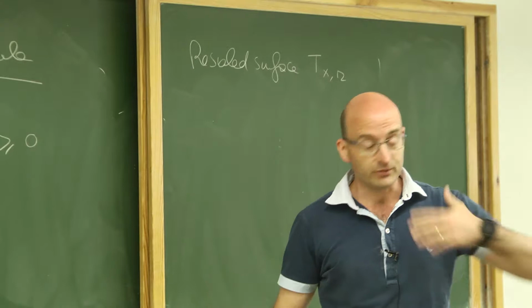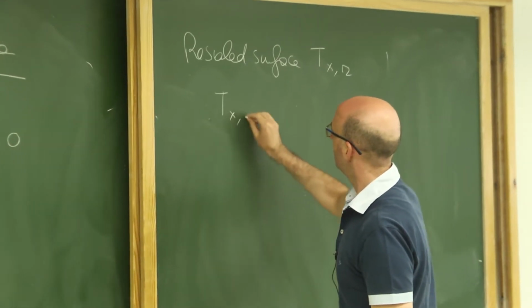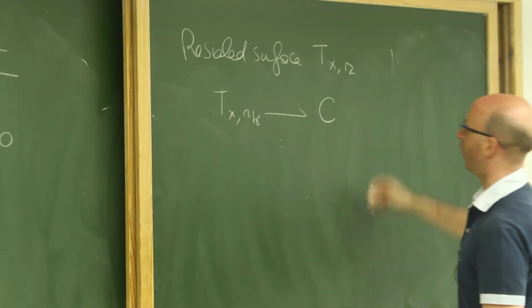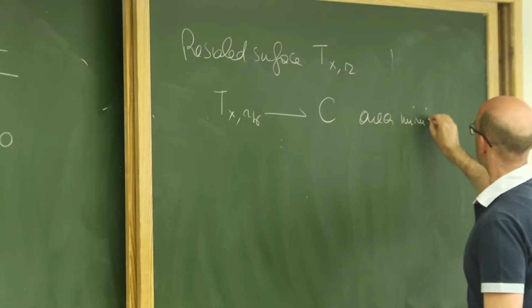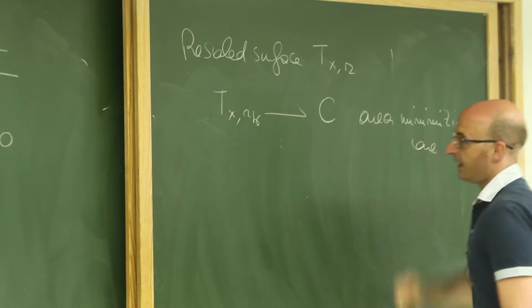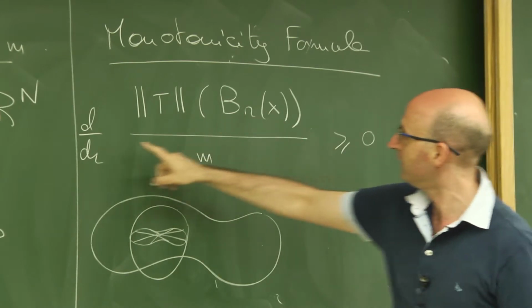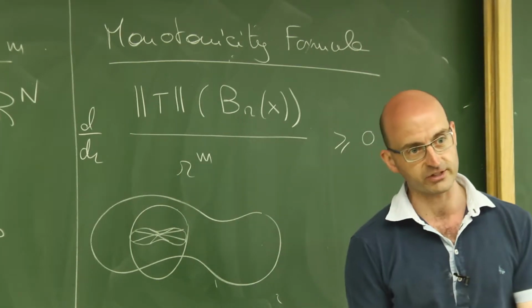Now, in general, up to subsequences, these guys converge to something which is called an area minimizing cone. The reason behind converging to a cone is that when you're zooming, this function becomes closer and closer to being a constant.